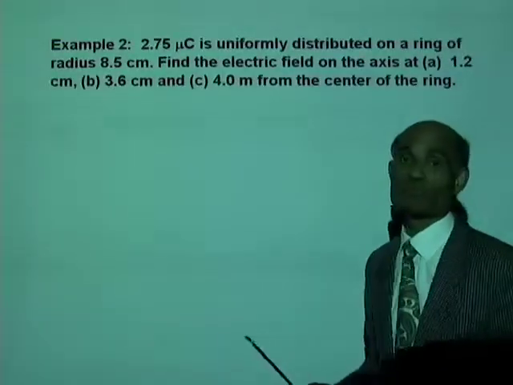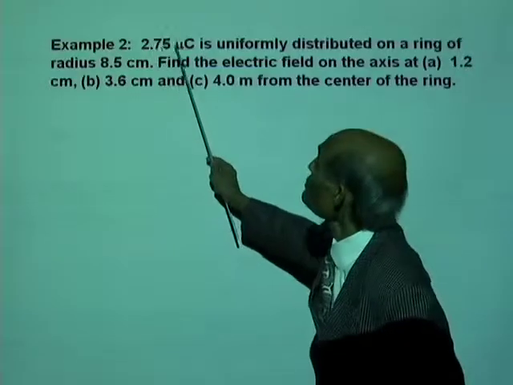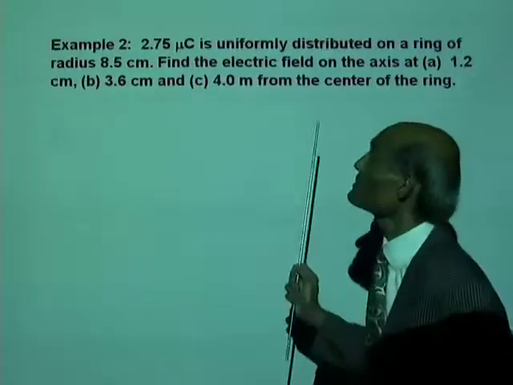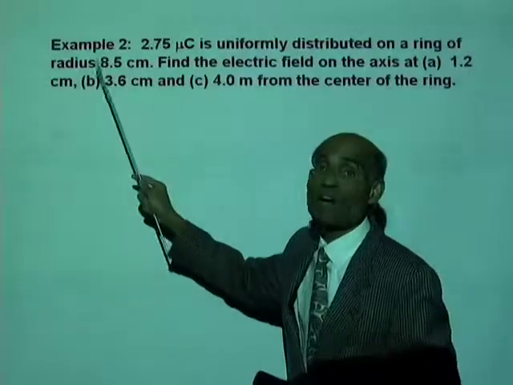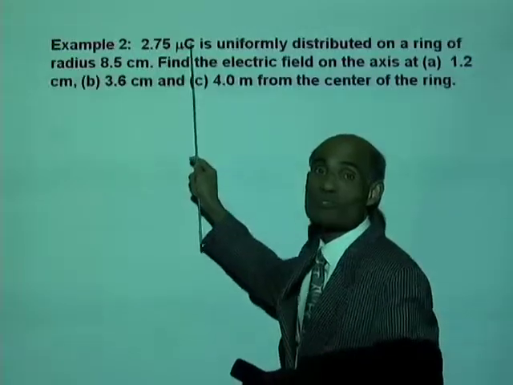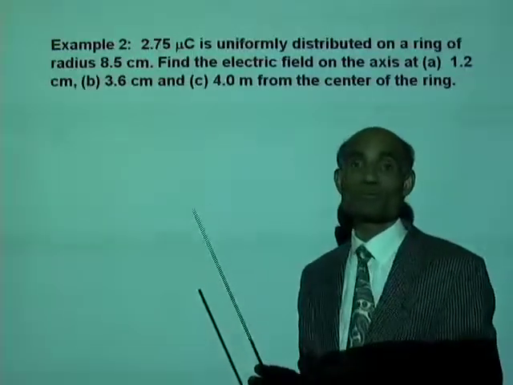Let's do an example. 2.75 microcoulomb is uniformly distributed on a ring of radius 8.5 centimeter. Q equal to 2.75 microcoulomb.